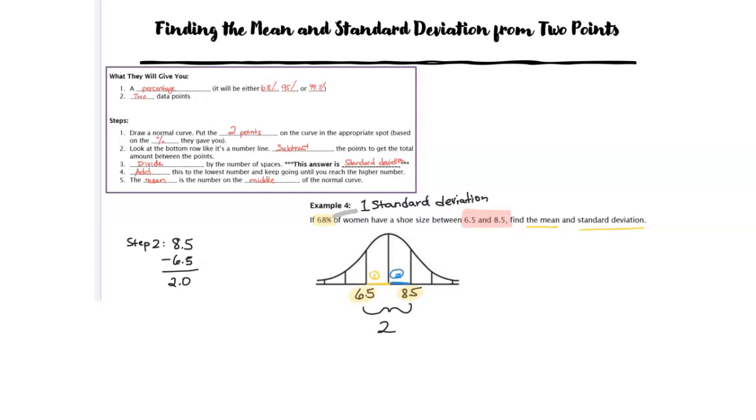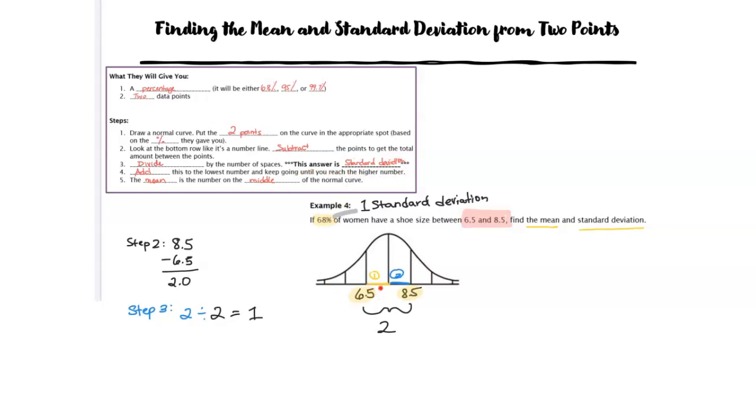So step 3 says take that 2, which was the distance in between here, and then divide it by the 2 spaces that we have. So we have 1 space, 2 spaces in between the 6.5 and 8.5. So that's 2 divided by 2. 2 divided by 2 gives us 1. Okay, so note that this answer that we just came up with is our standard deviation.